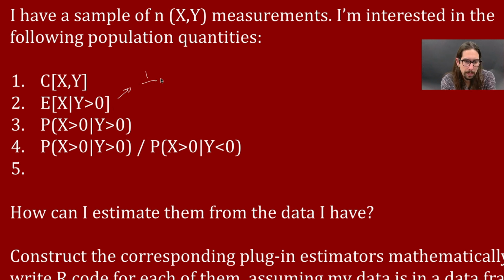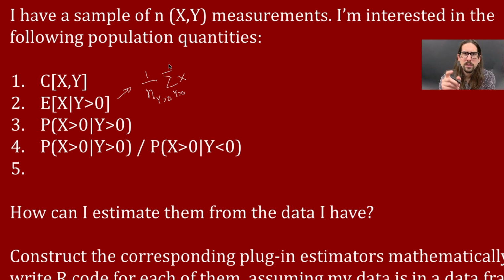So let's say that's 1 over however many people have y greater than 0, and then we're averaging over just those people where y is greater than 0, x. So the sum of values of x where y is greater than 0, divided by however many people have y greater than 0 in our data set.